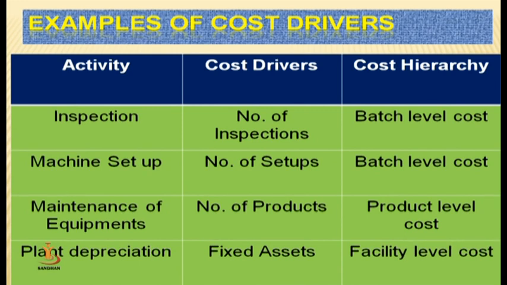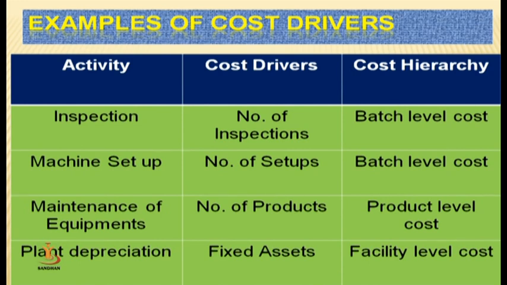Why batch level? So many products are parallelly manufactured on the same product line. For example, FMCG goods, fast moving consumer goods like soaps and detergents, have batch level cost drivers. Other examples are maintenance of equipment and plant depreciation.